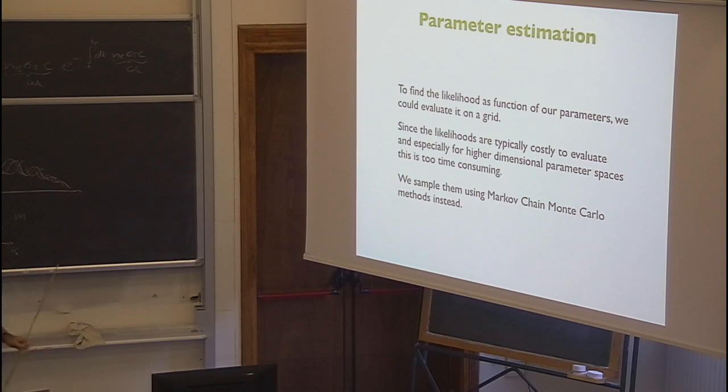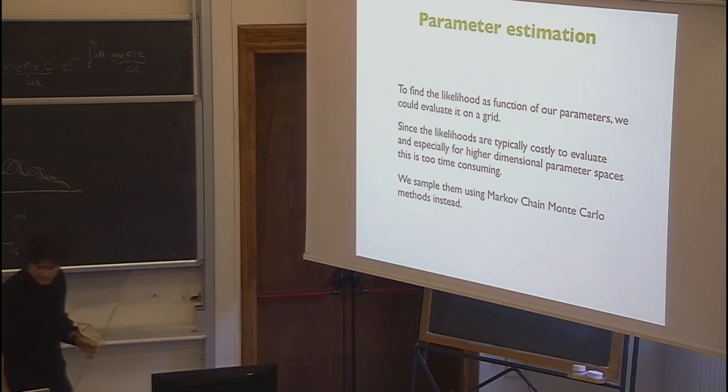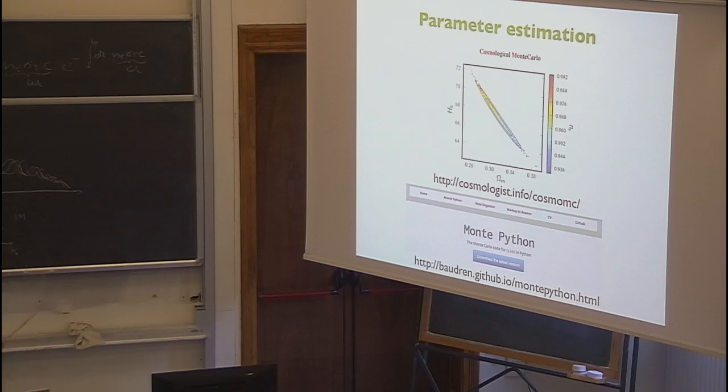And yeah, so then the question is, so now you had your maps, you created a likelihood. What do you actually do with the likelihood? One thing you can do is to just evaluate it on a grid. If you have only one parameter or a small number of parameters, that's relatively easy. Typically, you have models that have more than one parameter, so it's difficult to evaluate it in that way. So you use Markov chain Monte Carlo methods, and they are also readily available for these kind of analyses.